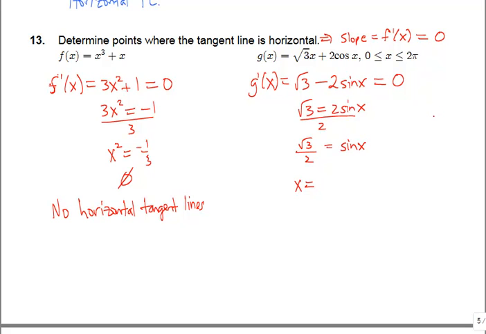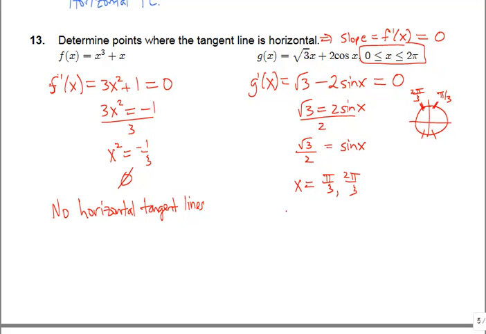So that is going to be the pi over 3 angle in quadrant 1, and the other quadrant where the y coordinate is positive is quadrant 2. So this one is called pi over 3, and this one in quadrant 2 is called 2 pi over 3. The other two down here would not work because they would be negative root 3 over 2 because they're in quadrants 3 and 4. So only pi over 3 and 2 pi over 3 work when we're in one revolution from 0 to 2 pi.